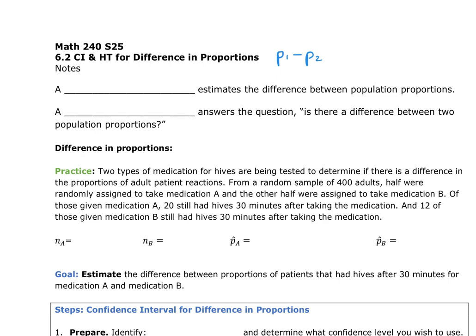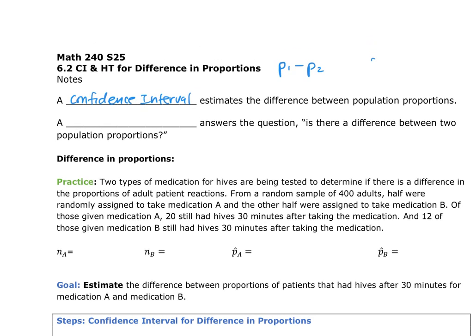So just a reminder, it is a confidence interval that we use to estimate the difference in proportions. And a hypothesis test answers a specific question, such as, is there a difference between two population proportions?